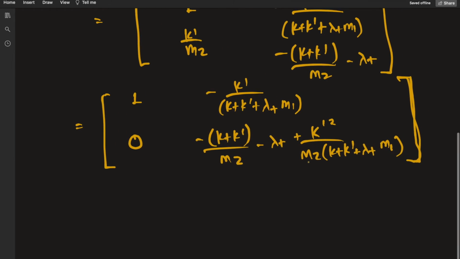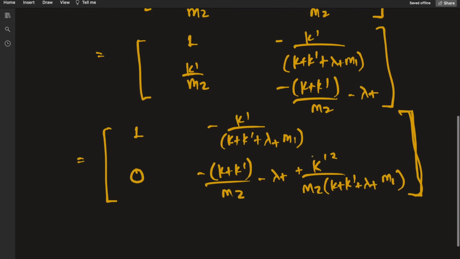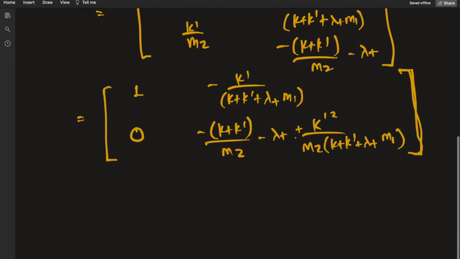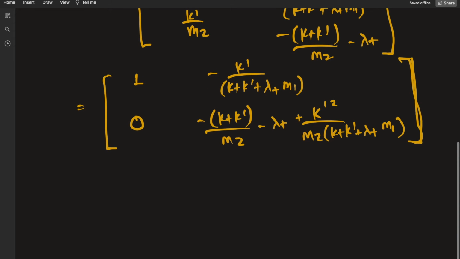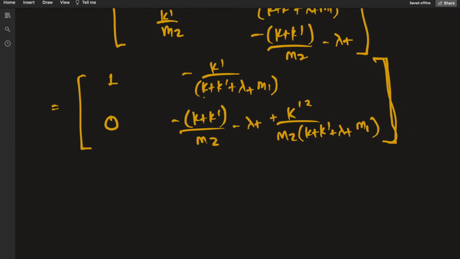Now we don't want a pivot in the second column. We would get a pivot in the second column if this entry was non-zero, in which case we could just divide the entire second row by this entry and get a 1 here. If the bottom guy is non-zero, then we have pivots in every column.